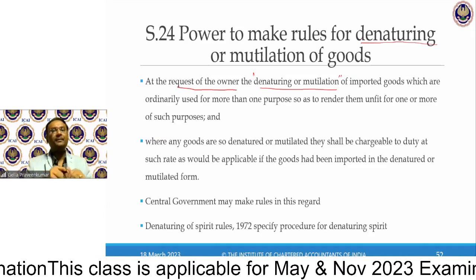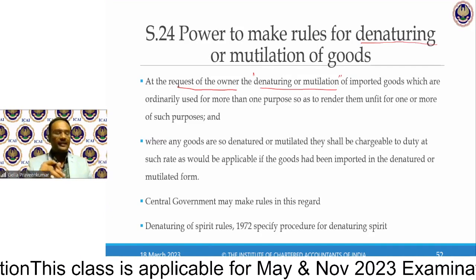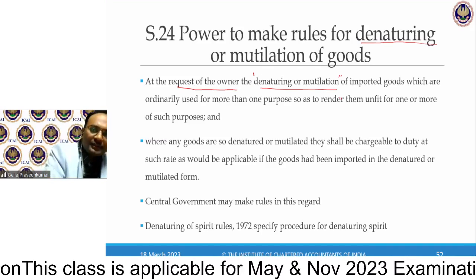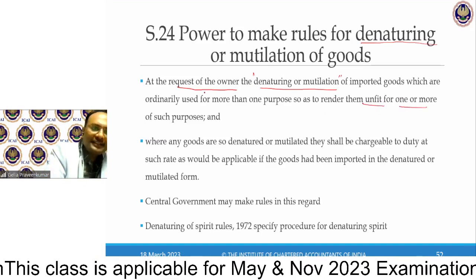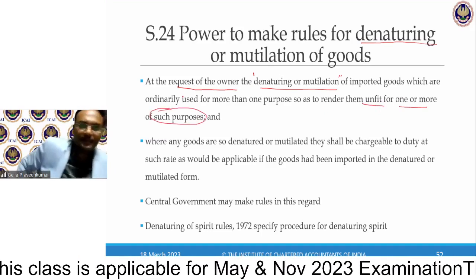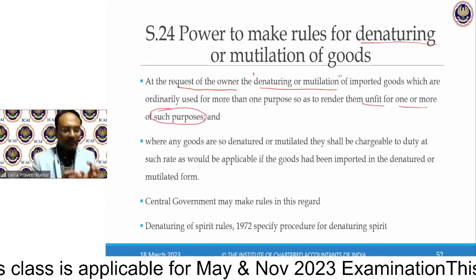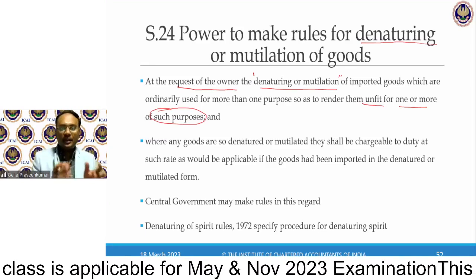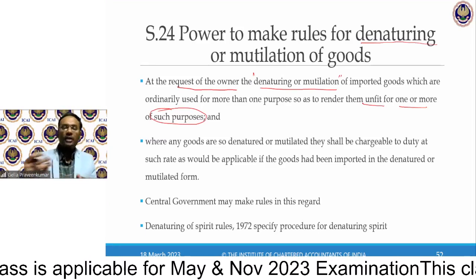That means the customs officer makes these goods unfit for one or more of such purposes. With the request of the importer, the customs officer carries out denaturing or mutilation, so that the goods can be used only for that industrial purpose, not otherwise.